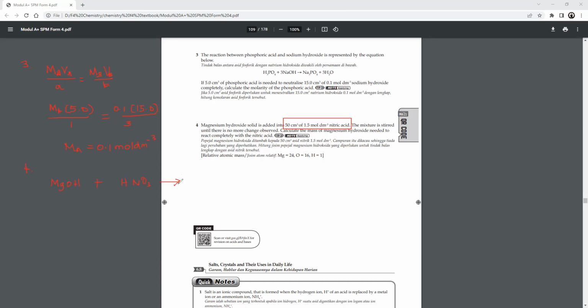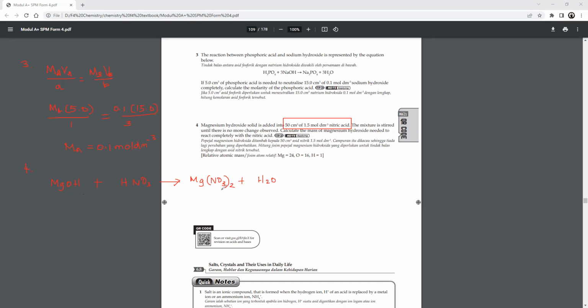All right, balance the equation first. MgNO3. NO3 is negative, Mg is 2. So you need to write here 2. And then no need to say acid and alkali, you produce water. So now I need to balance the equation.